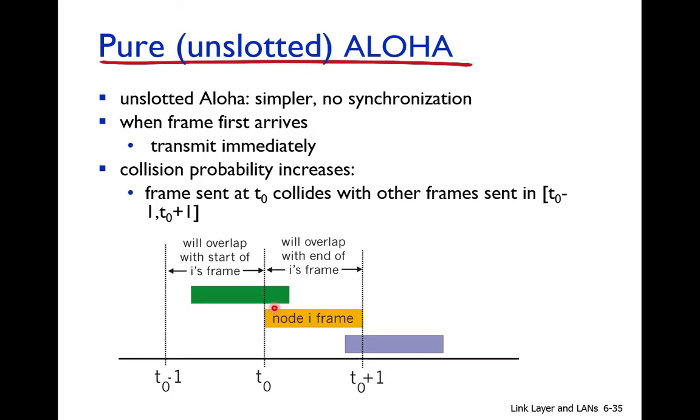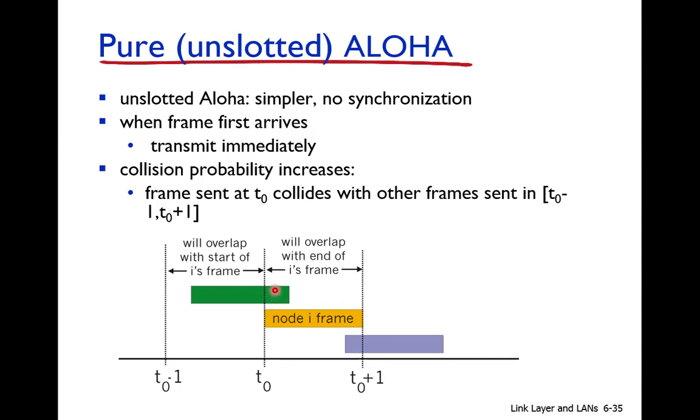You can see that when the yellow frame transmission starts, the last portion of the green one is still being transmitted. So these are overlapping. Overlapping means that these two signals will be on the same link at the same time, so they will collide with each other.